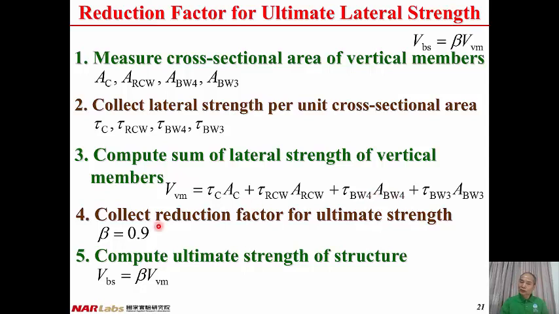And then also we gather the information about the reduction factor for the sum of the lateral strength, beta equal to 0.9. So that finally we can compute the ultimate strength of the structure, VBS equal to beta times VVM. That's the seismic capacity of the building.